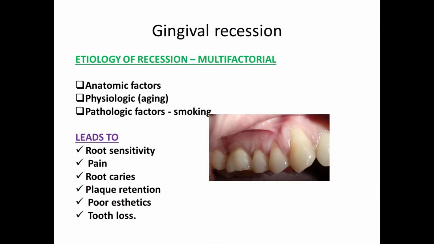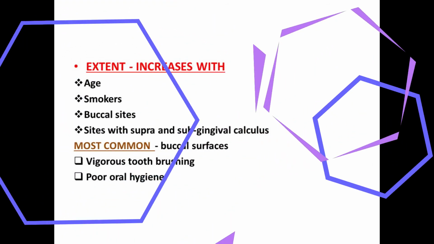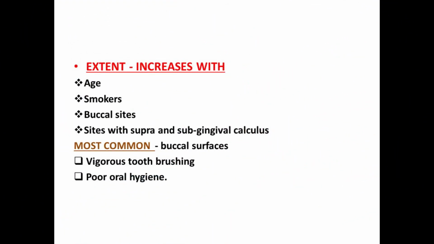As we all know, gingival recession has a multifactorial etiology. It may be due to anatomic factors, aging, or pathological factors like smoking. Gingival recession leads to sensitivity, pain, caries, plaque retention, poor aesthetics, and ultimately tooth loss. The extent of gingival recession increases with age.